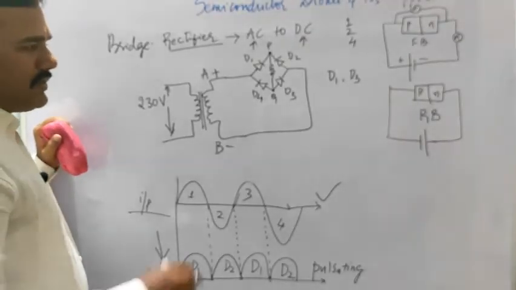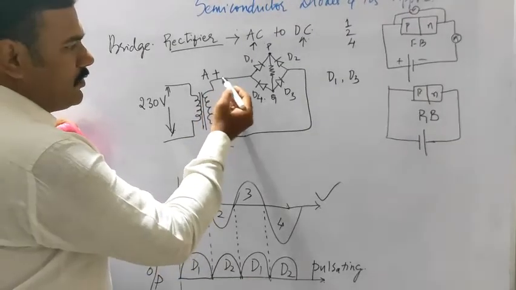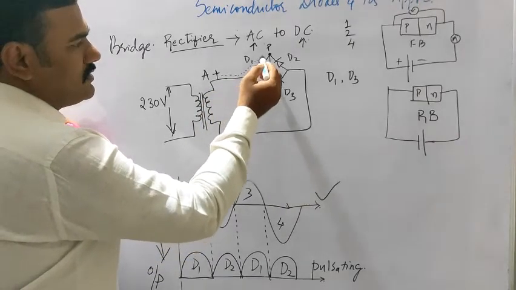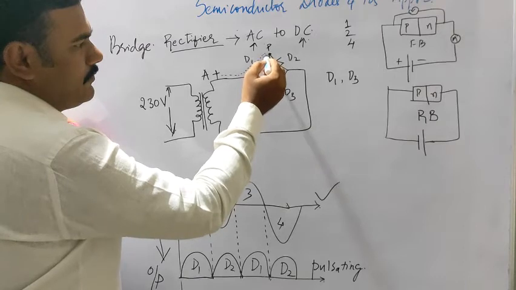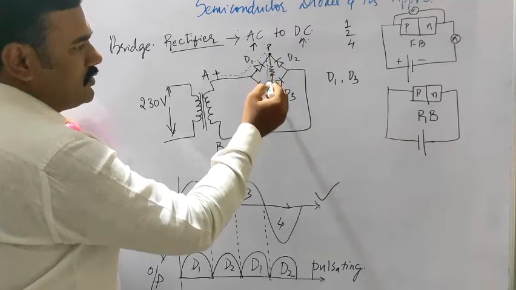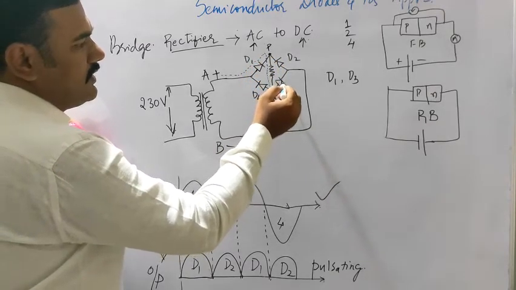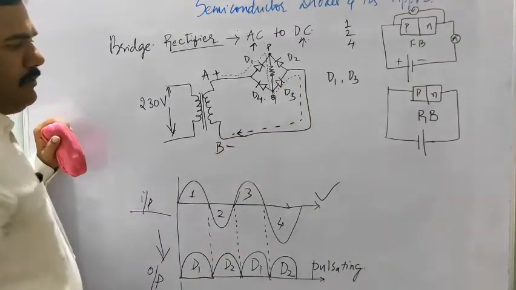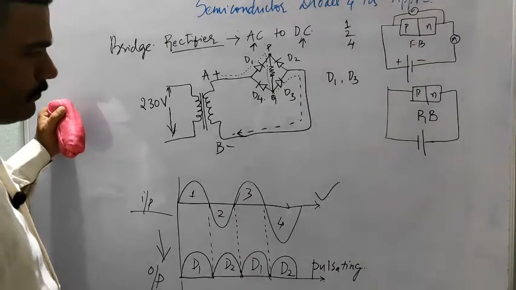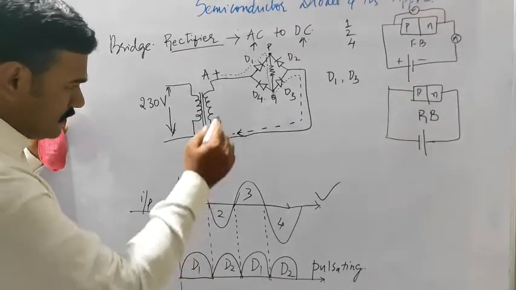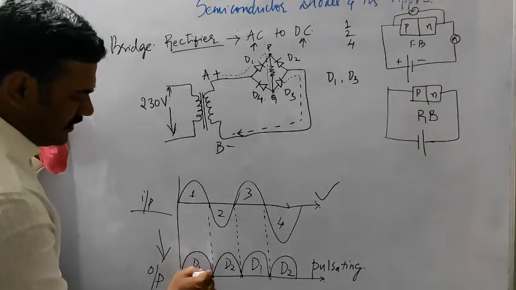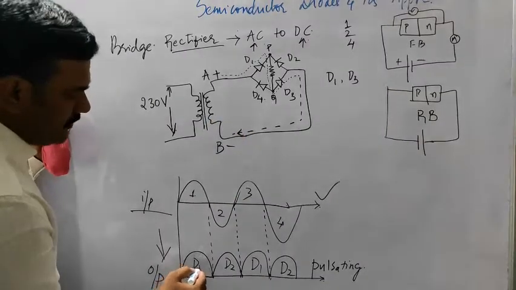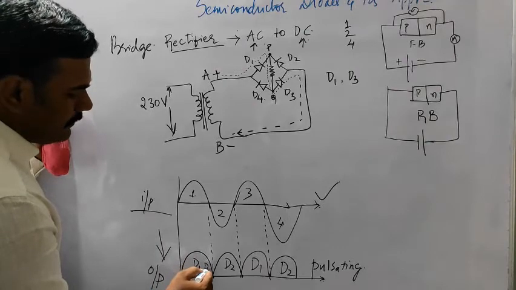Once this happens, the current flows from A towards point P, then through RL, then through D3 and back to B. This is the current flow direction. So we get the first half cycle across RL due to the conduction of D1 and D3.